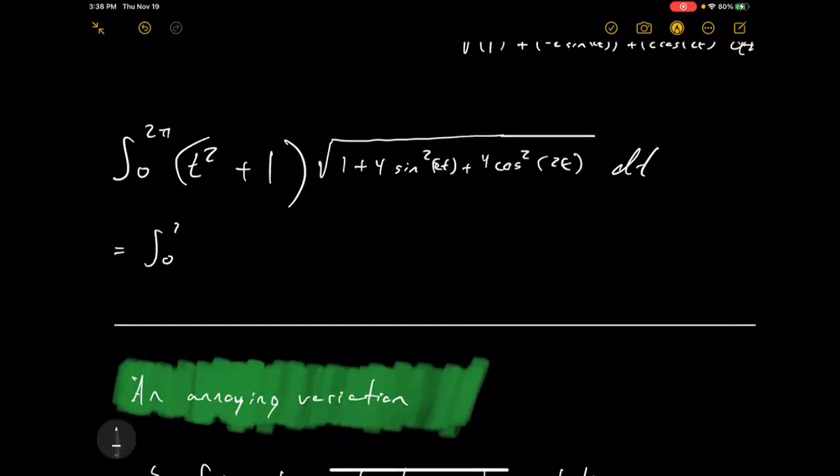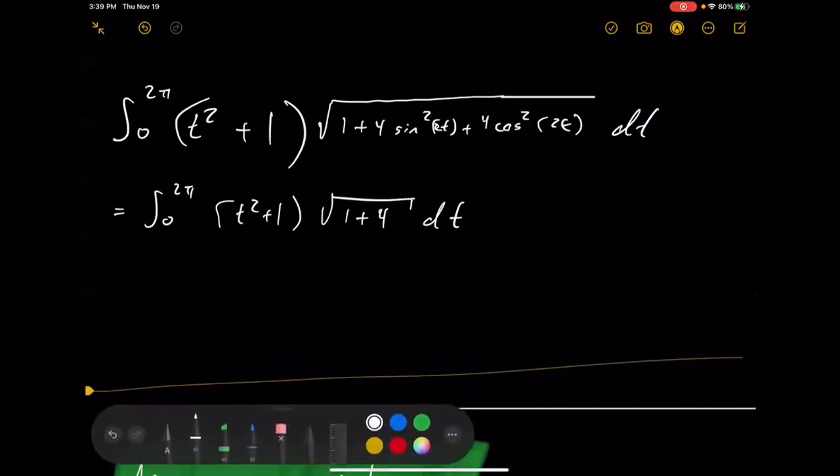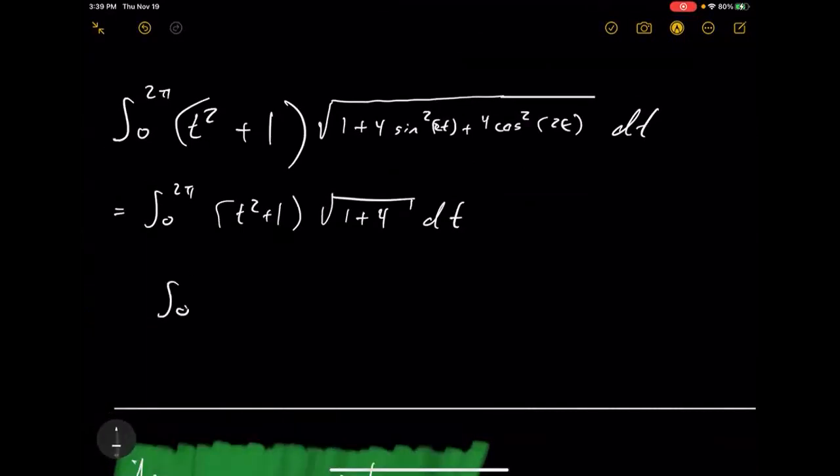Okay, simplifying further. Again, I have sine squared plus cosine squared. I got 4s now, so I'm going to account for those 4s. But it simplifies to just square root of 5. So I just have the integral from 0 to 2 pi. I bring out the square root of 5, t squared plus 1 dt.